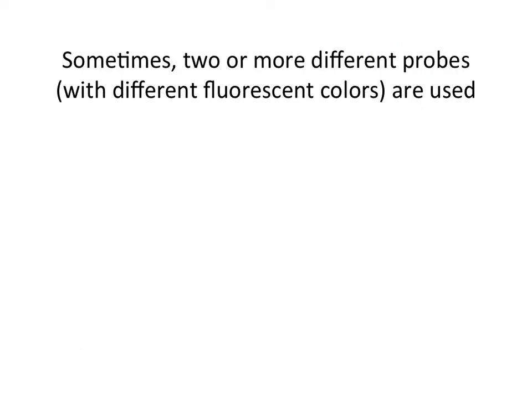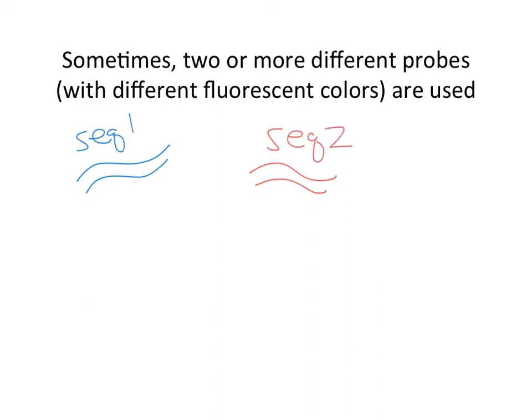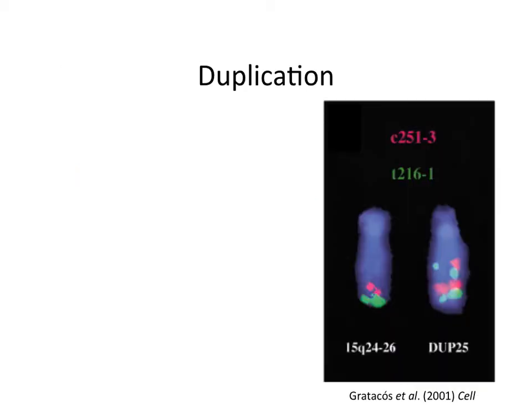And as I've mentioned, it is possible to have multiple FISH probes that have 2 different sequences. So we could have sequence 2 with a red fluorescent molecule and sequence 1 with a blue fluorescent molecule. These sorts of experiments, looking for duplications and inversions, can really benefit from using multiple colors.